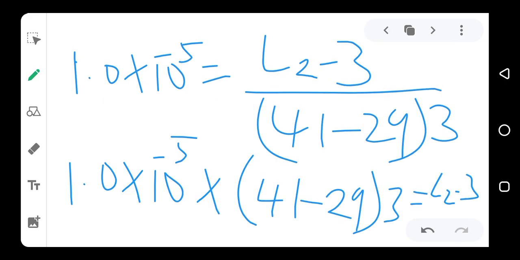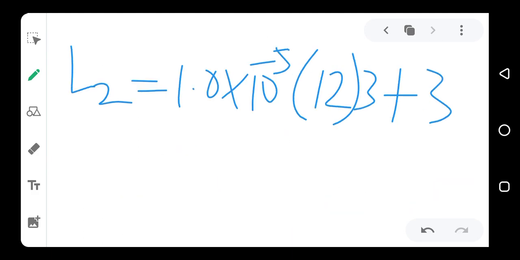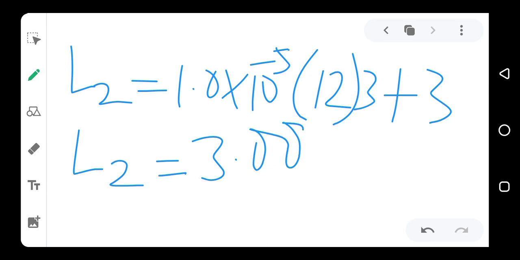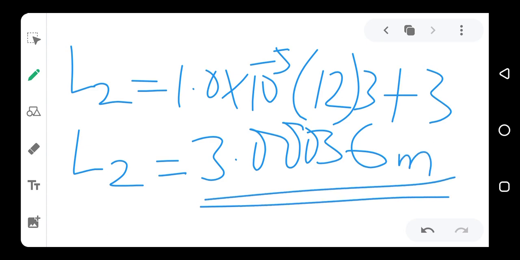That is this 3 here, coming to this side, it becomes plus. So we are now going to have that our L2 is equal to 3.0036 meters. So this is the new length of the iron rod.